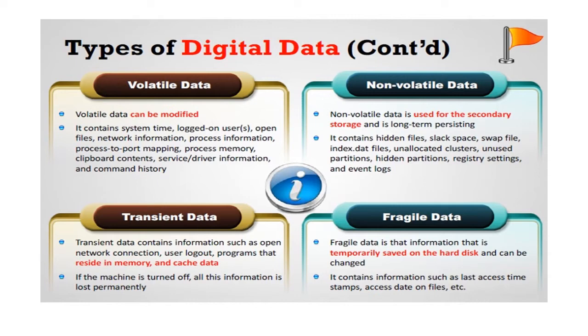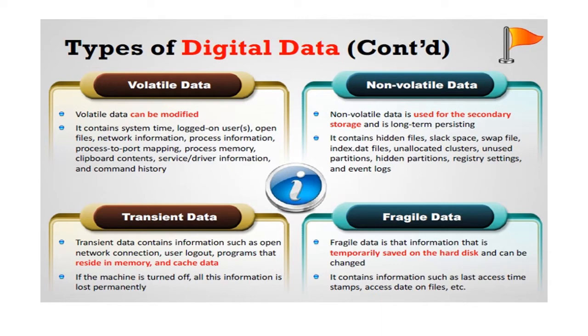We also have what we call transient data. So transient data contains information such as open network connection, user logout, programs that reside in memory, and cache data. So just like volatile data, if the machine is turned off, all the information is lost permanently.